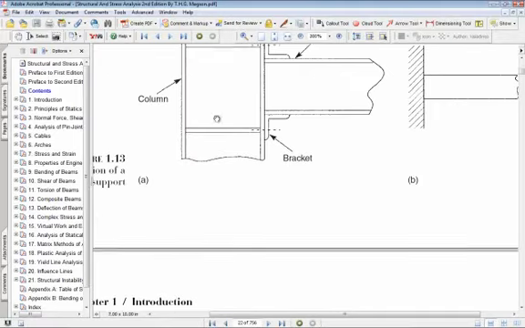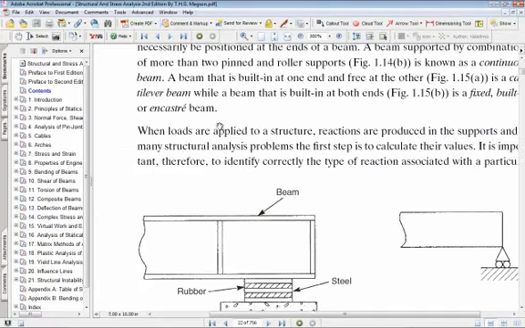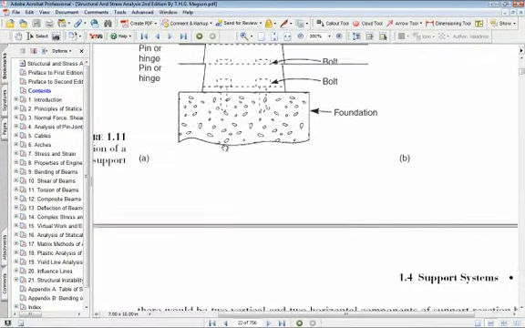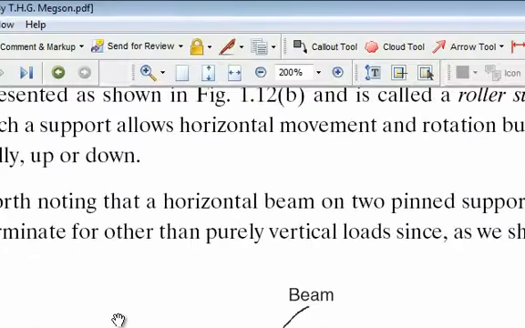We have designed structures and installed compressor systems using roller supports. Let's look at a typical example from a live previous project.